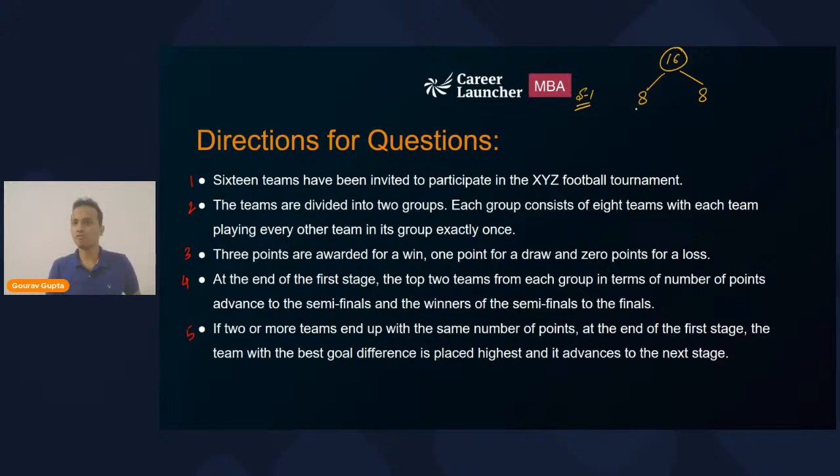Within each of these groups, every team will be playing exactly 1 match with every other team. So there will be a round robin in group number 1 at stage 1, and another round robin in group 2, in stage 1.